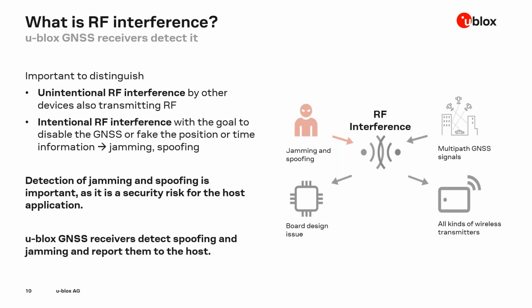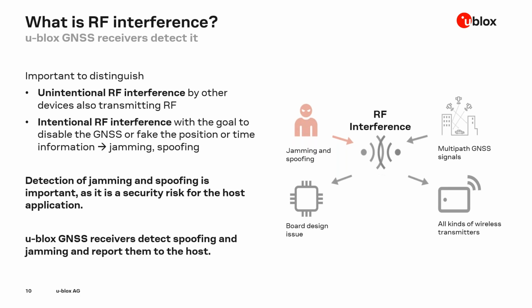Spoofing means that someone tries to fake the position. So the receiver shall report not the real position of it, but a fake position. And you might know some videos from YouTube where people show how to bring some autonomous cars from their right way. So that's quite dangerous.